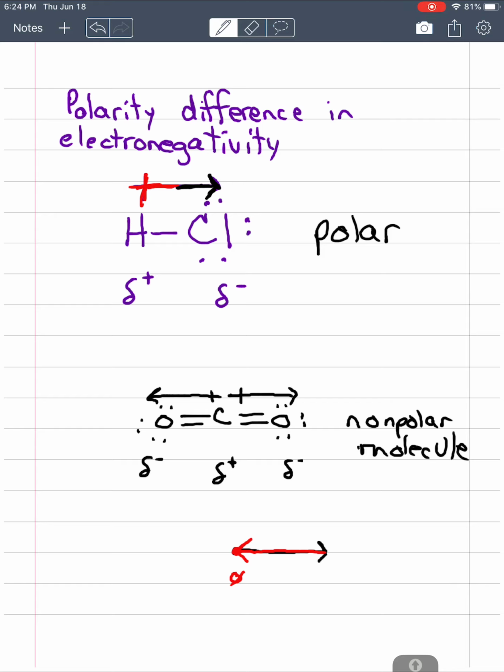Alright, so let's take a look at some different molecules. See if we can recognize if the molecule is polar or not. Alright, so we've got this one. What do you think?